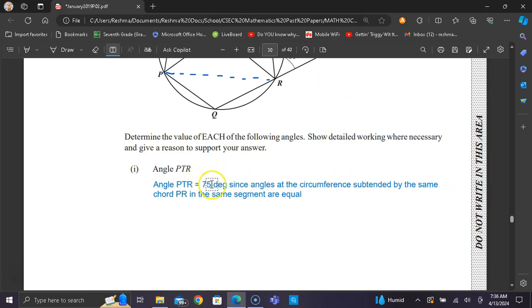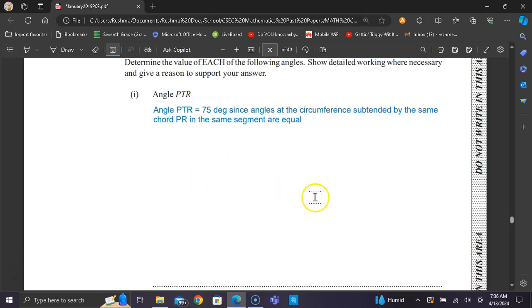So for 2 marks, 1 mark for the value of angle PTR and 1 mark for the reasoning, that is the circle theorem that we use to find the angle.